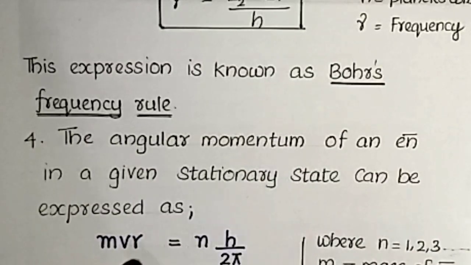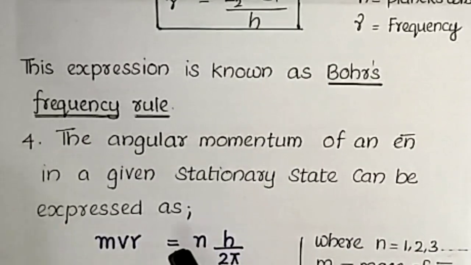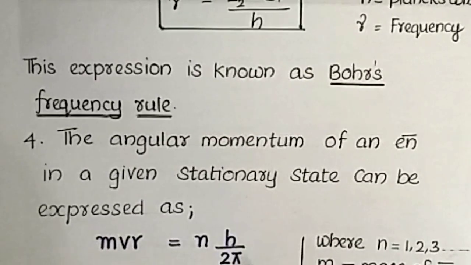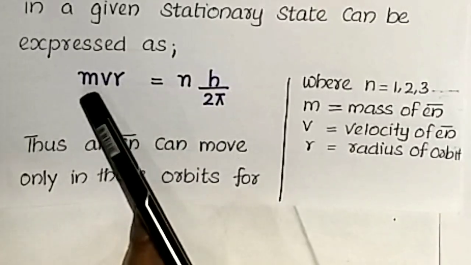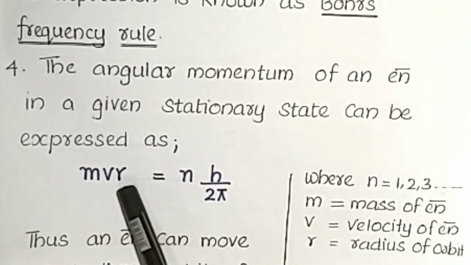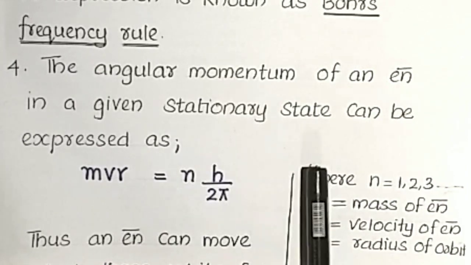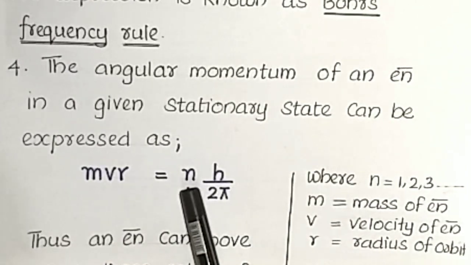It can be calculated as mvr, angular momentum, is equal to n into h by 2 pi, where m is the mass of electron, v is the velocity of electron, r is the radius of orbit, h is the Planck's constant, and n is the orbit number.